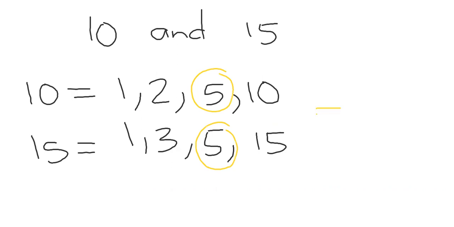So the highest common factor of 10 and 15 is 5. So to find the highest common factor, start off by listing the factors of all the numbers you are given. Then from there, look for the highest number that appears in the factors of all your numbers. Then that number will be the highest common factor.